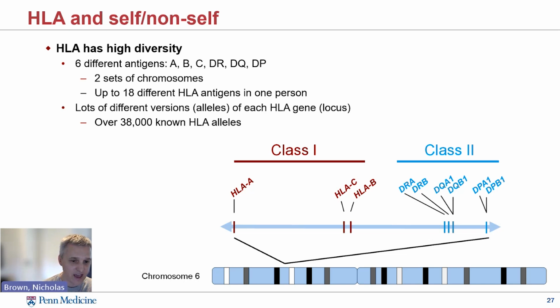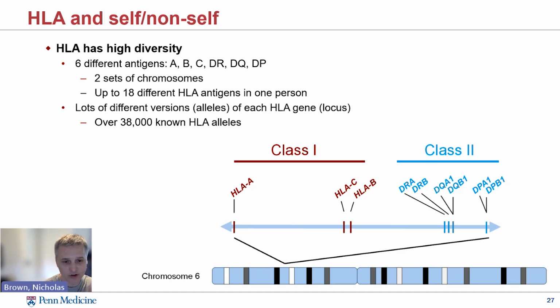There's HLA-A, C, and B, which are what is known as the class 1 HLA molecules. And then for class 2, there's the DR, DQ, and DP. So in each individual, you have these 6 different antigens, and we have to keep in mind that humans are diploid, so there are 2 copies of every chromosome. So we can have up to 12 or more different HLA molecules.